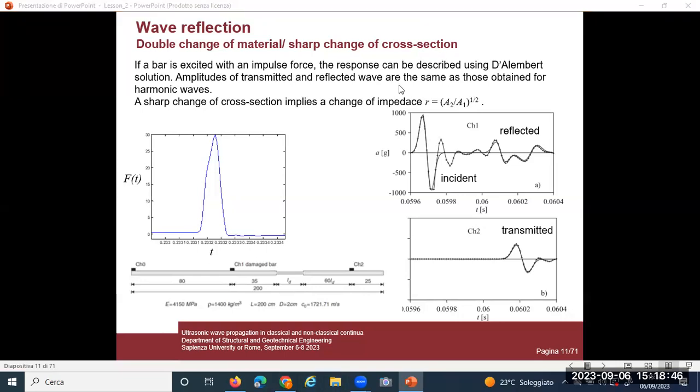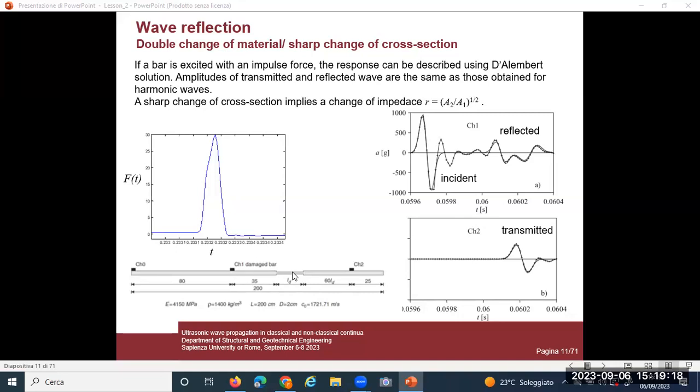Some material is removed from the bar, and the change of impedance is just given by the square root of the ratio of the areas, where A2 is the area of the cross-section in the reduced part, and A1 is the area of the cross-section in the uniform part. So you see here what happens when you observe the time history at channel 1 and what happens at channel 2.